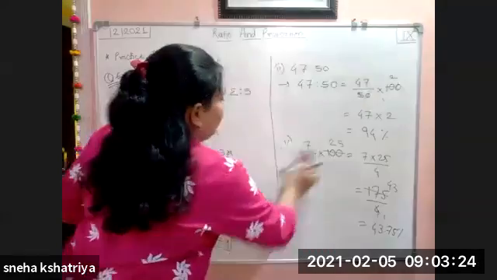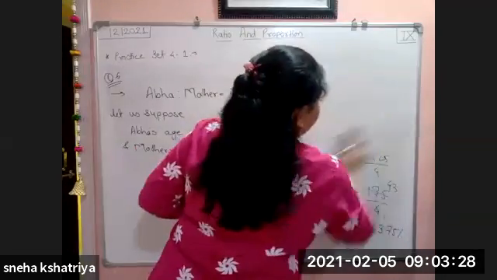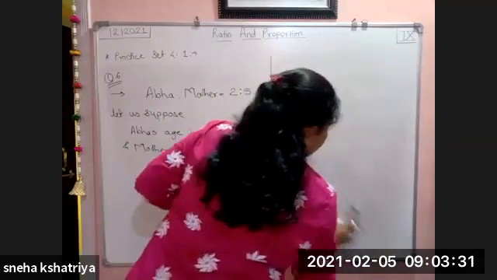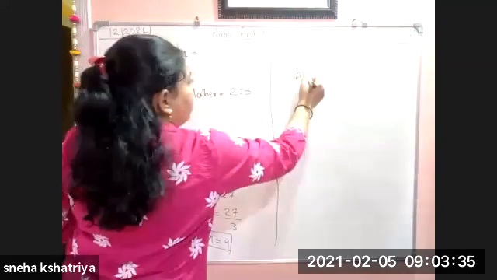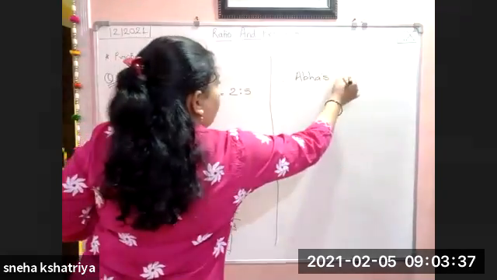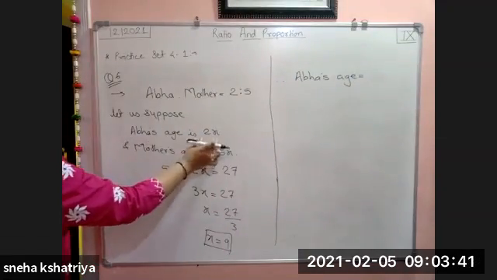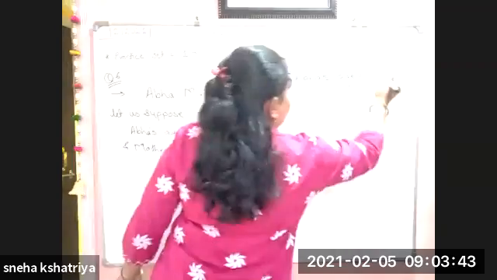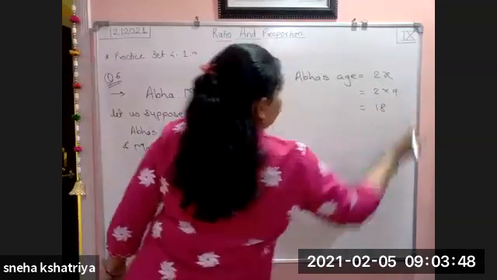Now that value of x you can put in Abha's age and mother's age. Therefore, Abha's age, which we considered as 2x, is equal to 2 into 9, which is equal to 18.